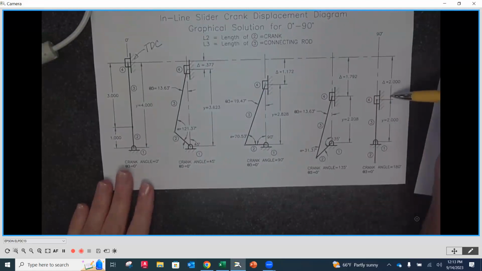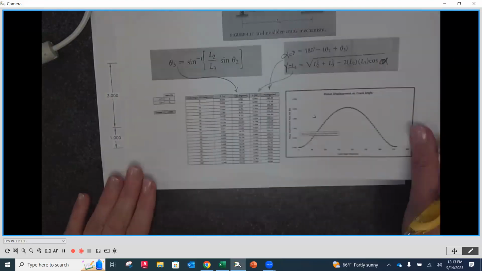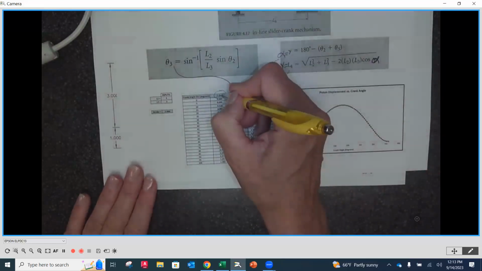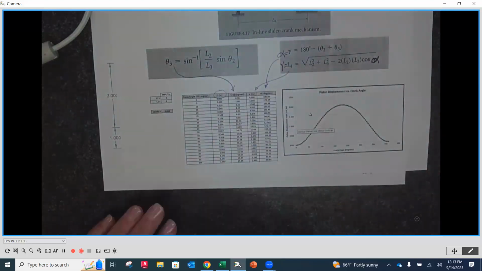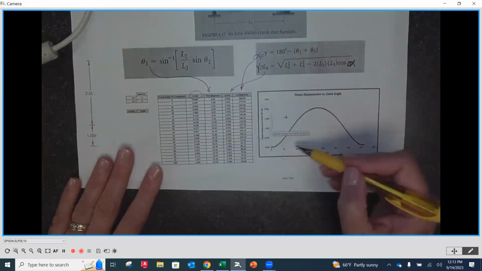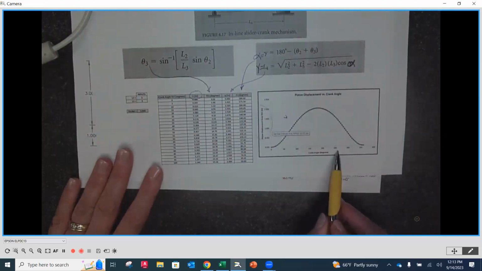Okay. And it goes to here, right? That's the number we're interested in. So when we look over here, delta is this column right there. So there's my delta. There's that displacement from 0 each time. And that is going to be on the y-axis here as we go through every 5 degrees along our crank angle.